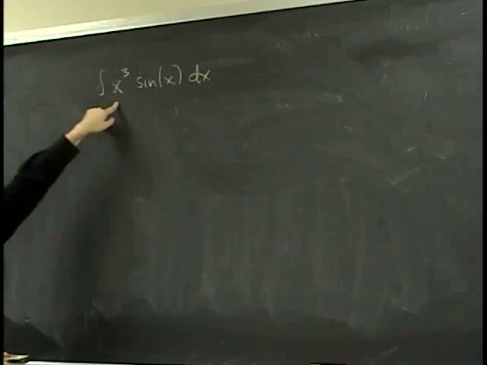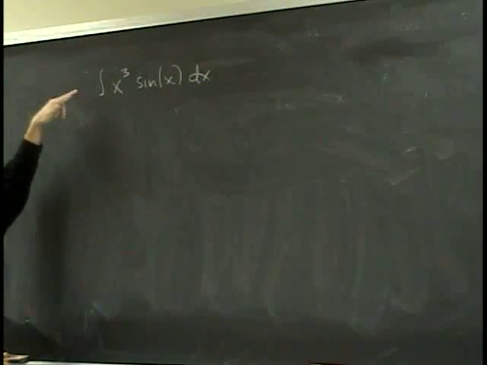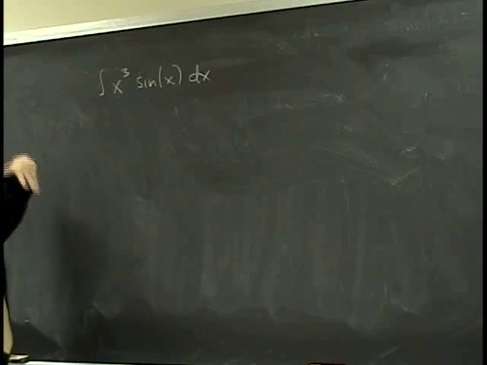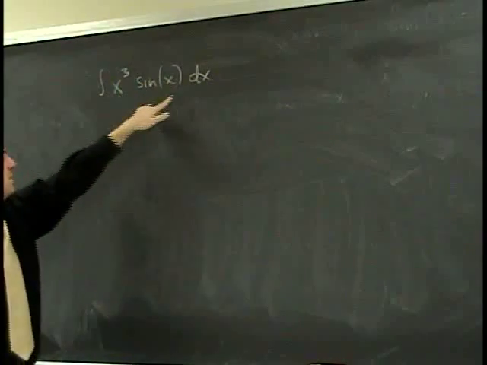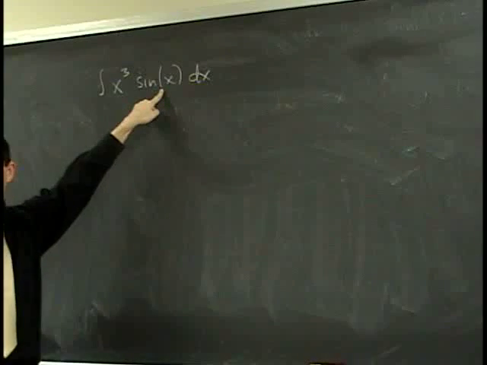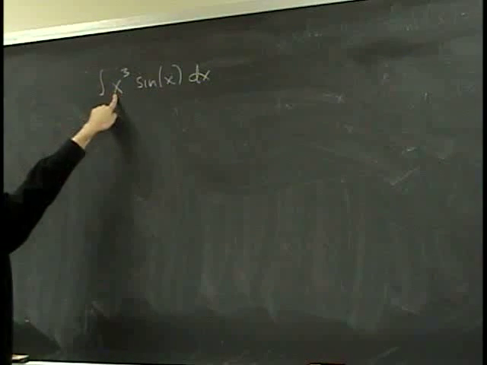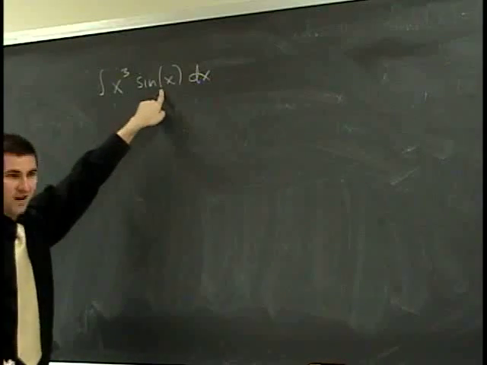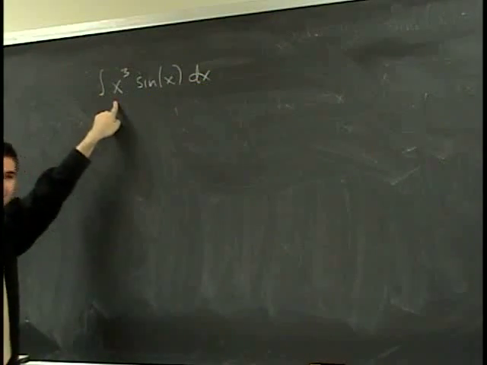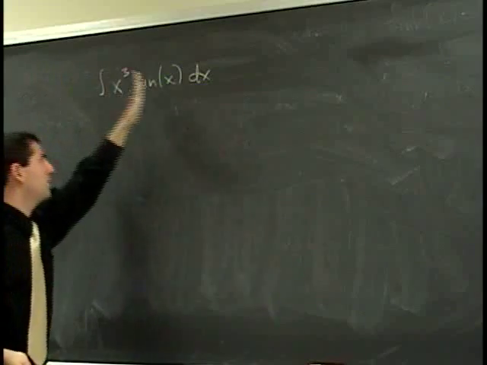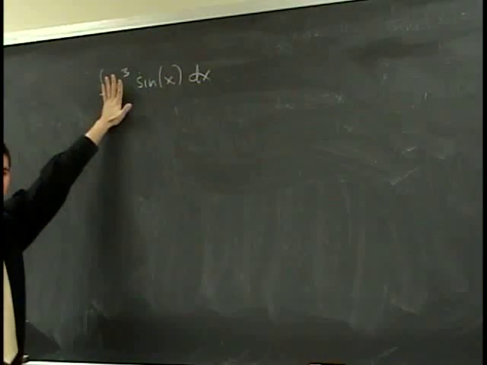So that would be the u. And what's going to happen when you do integration by parts? It's going to spit out another thing just like this, only you'll probably have a cosine, and that'll become an x squared. And then you'll do it again, and it'll probably turn out to be a sine, and that'll turn out to be an x. And then you'll do it again, and that'll turn out to be a cosine, and that'll go away.